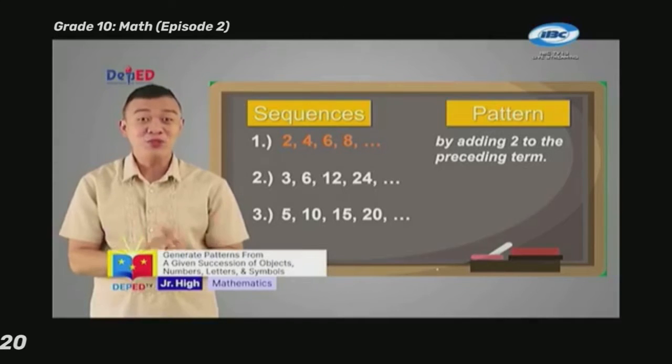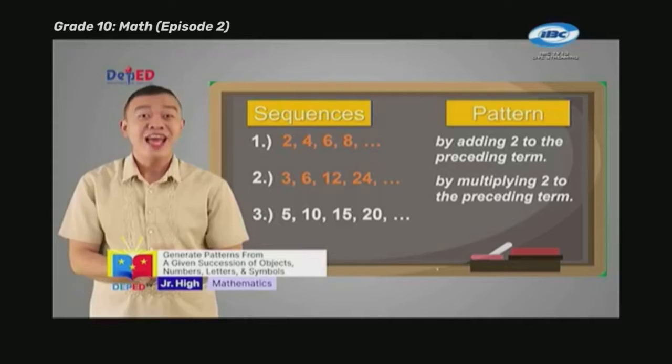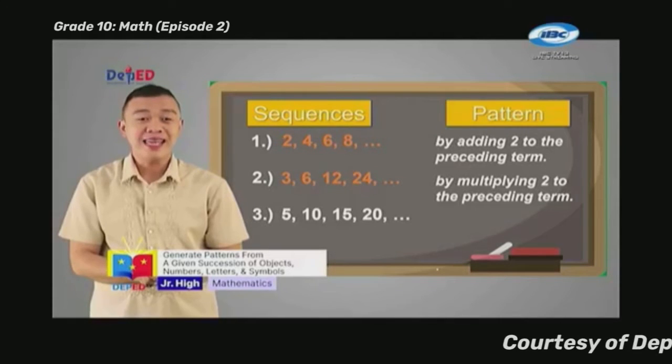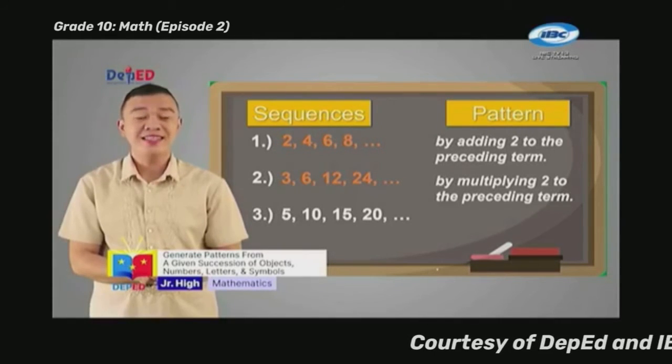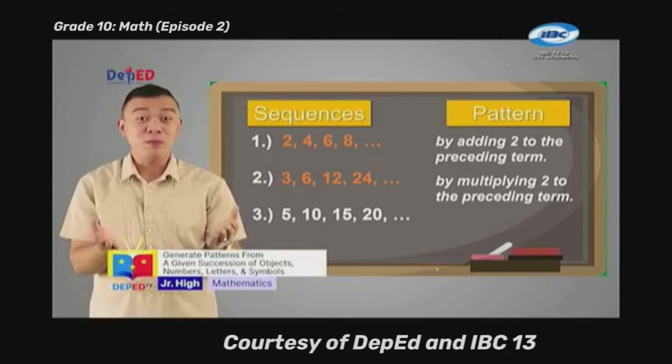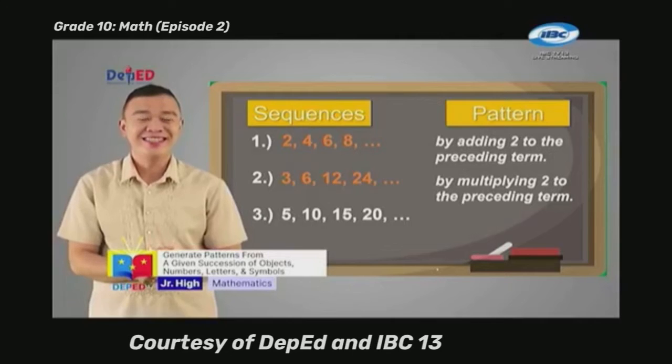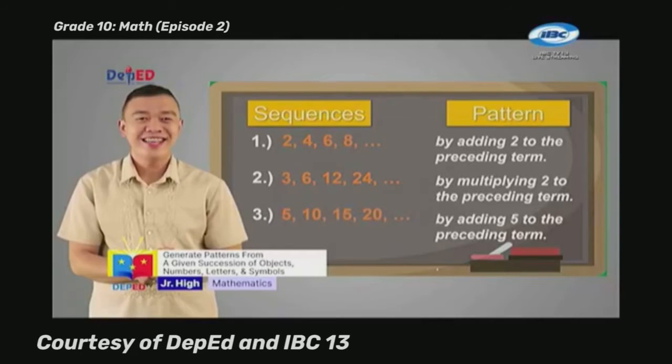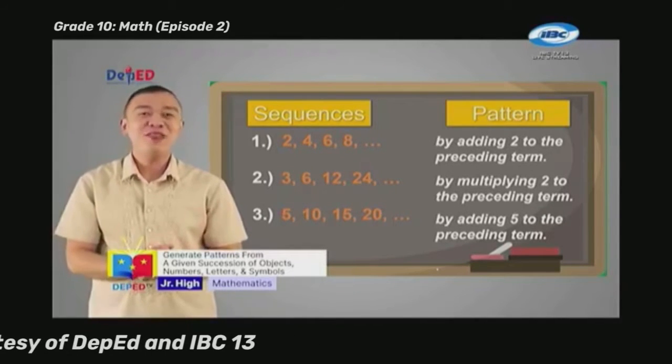What is the pattern you observed? By multiplying 2 to the preceding term. And the third sequence, 5, 10, 15, 20, and so on. What is the pattern you observed? By adding 5 to the preceding term.